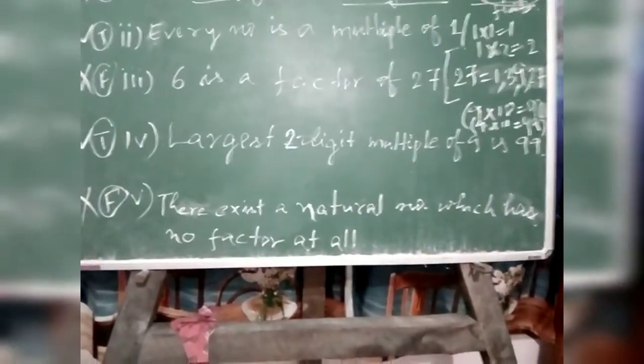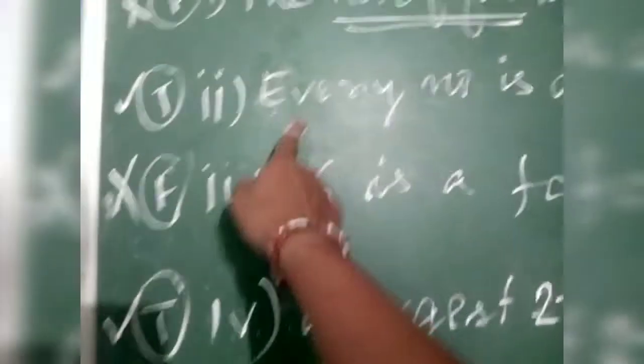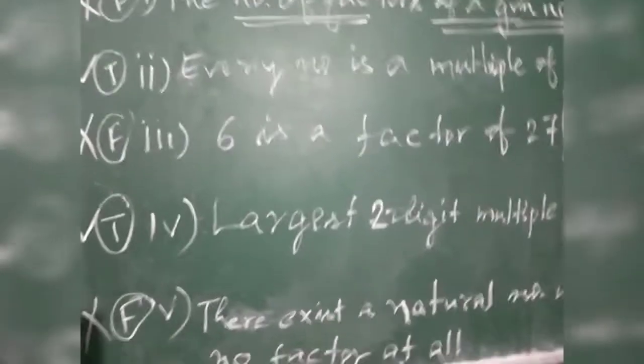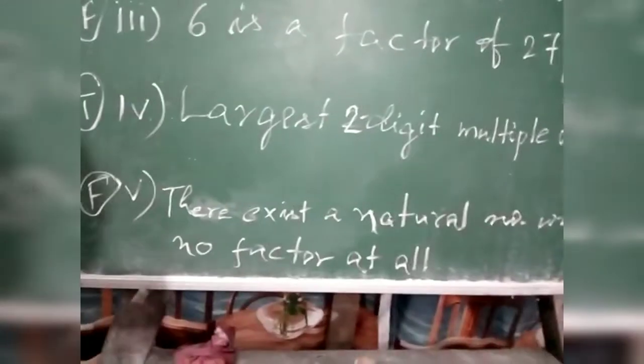We don't have any such number. Otherwise, the second statement would come out to be false. If every number is a multiple of 1 is true, then this fifth one is false.